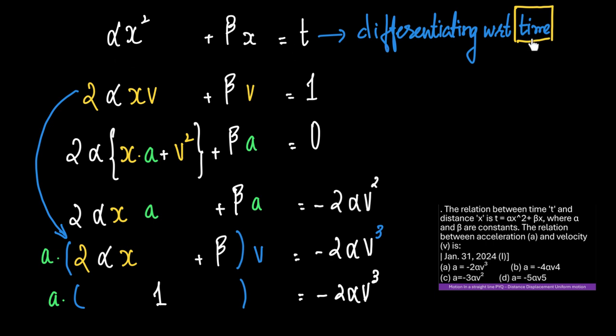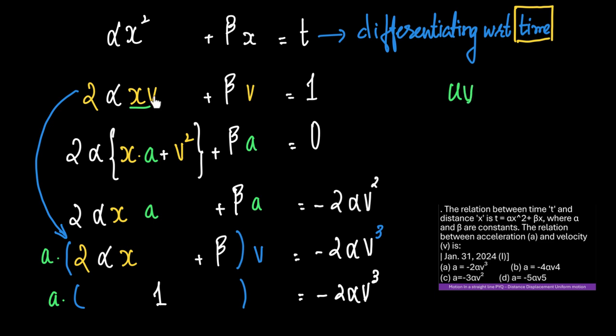Now, differentiating with respect to time, first I'll just give you a brief outlook and then we'll go into the steps in detail. So the derivative of x square with respect to t is x into dx by dt, which is x into v, plus the derivative of x, which is v. Now here we'll have to apply the UV rule.